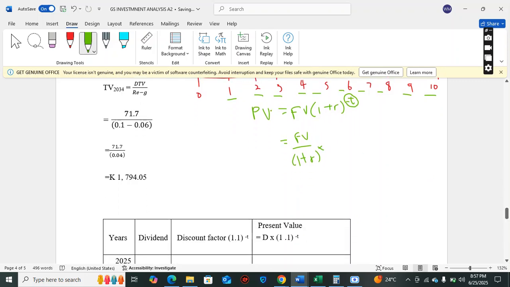So this is the formula we're using. We're just converting all those expected dividends into the present value. Think of it like how we used to do the net present value technique, similar to what we're doing here, basically. It's only that we're not going to compare it against the cost.